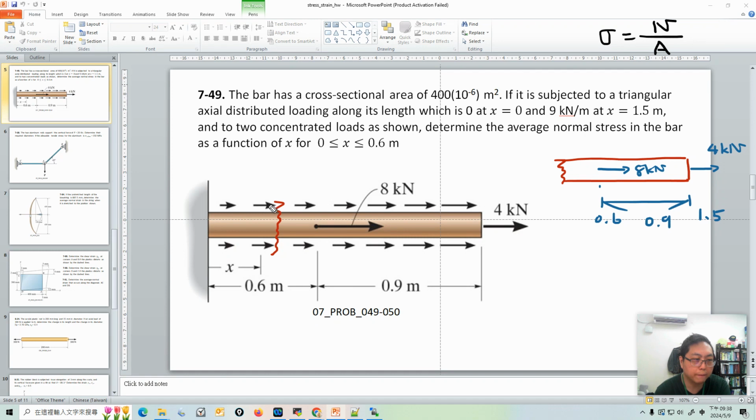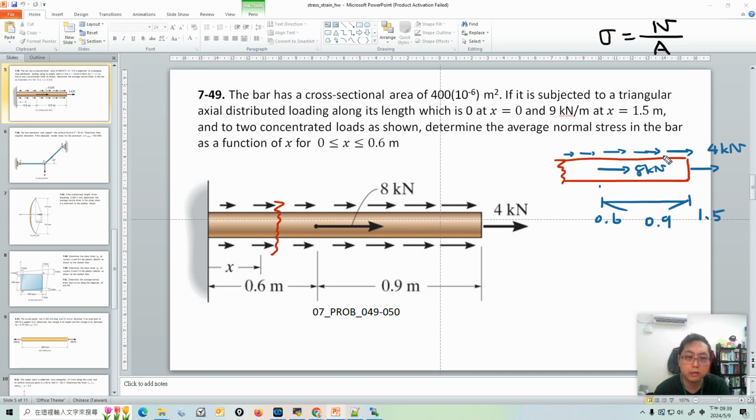Here he draws small arrows, but you see the arrows gradually increase in magnitude, which means a distributed load. So let's draw this distributed load. We use the same cut section method.